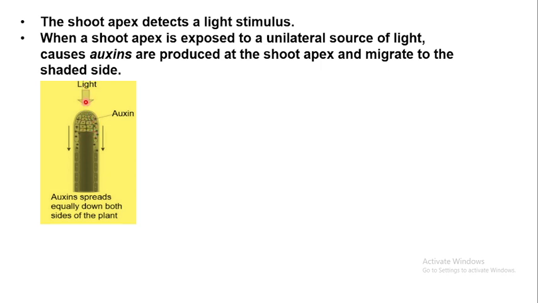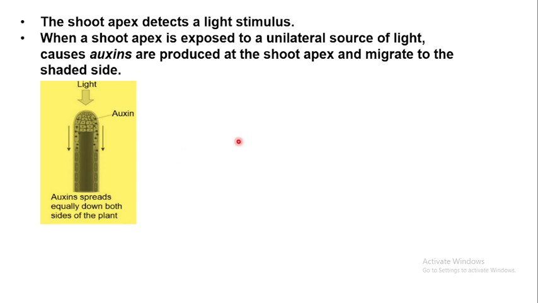So the light that is incident on the shoot will activate the cells to start producing hormones, which are auxins. And these are going to spread throughout the shoot equally.